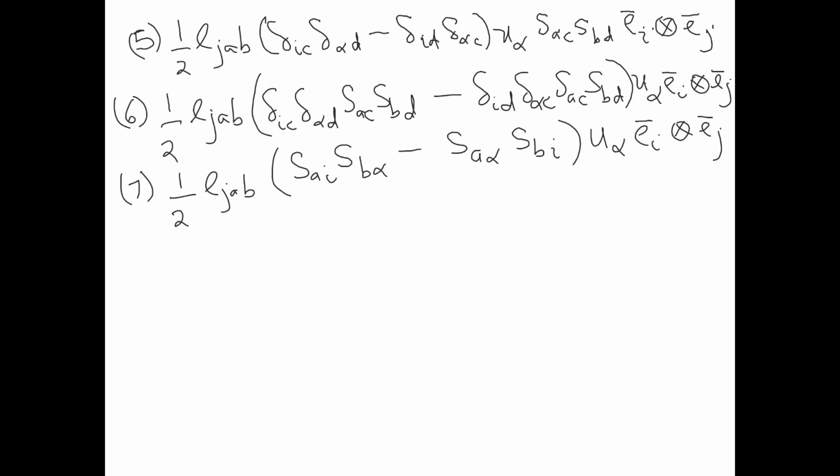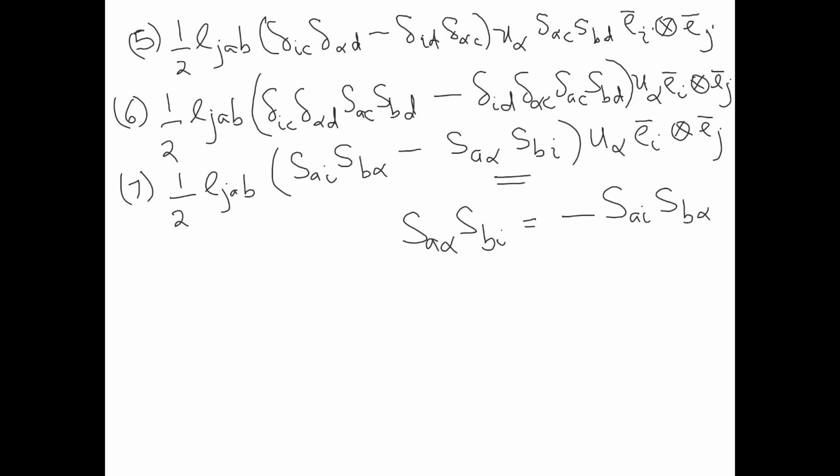Good, good. Now let's look at what is in the brackets. If I swap I and alpha, what happens there is that the sign changes. Let me write it out. SA alpha, SBI is the same as negative SAI, SB alpha.